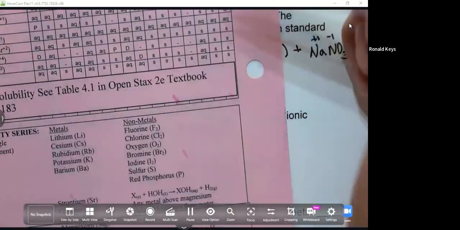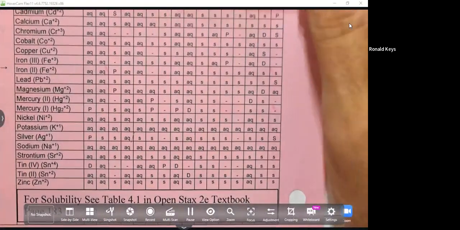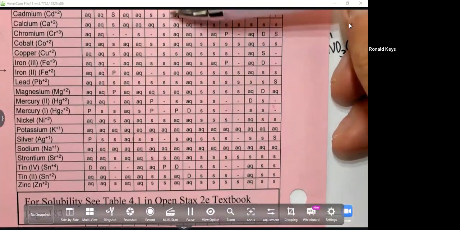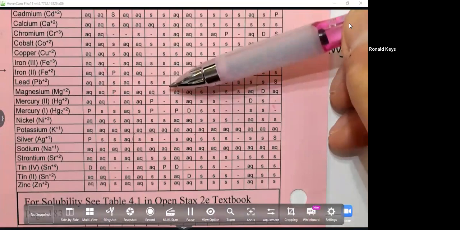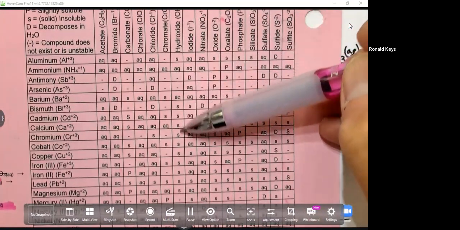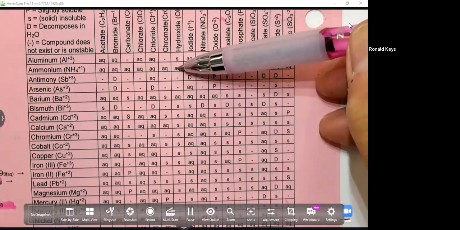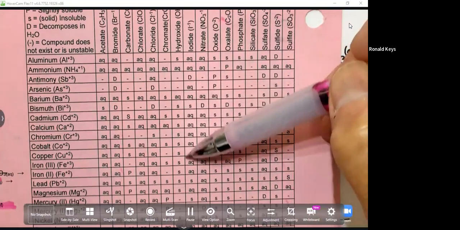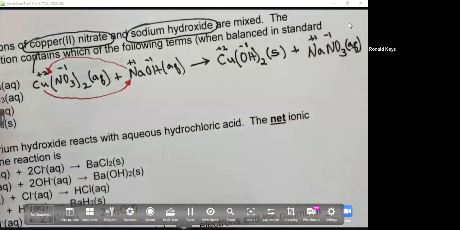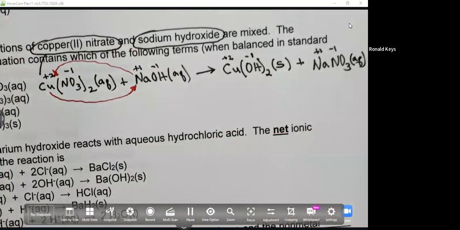Otherwise, this is a cheater grid here. And if we look up copper 2 hydroxide, a lot of hydroxides are solids. Here's my hydroxide column, right? Solid, solid, solid, solids. The exceptions are ammonium, sorry, and a few others, but for sure we get a solid here. Now we need to balance this, and to balance this, what do we need to do?